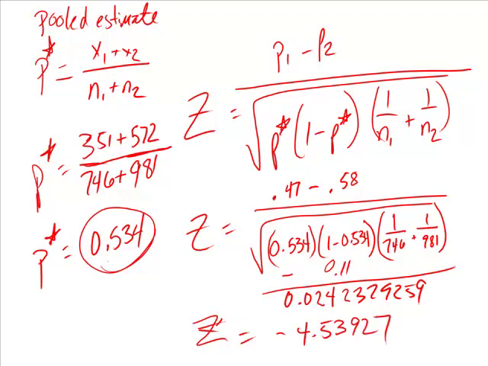So I got a z-score of 4.5. What does that tell us? If you get a z-score of 4.5, what sort of conclusion can we reach about the null hypothesis? We can reject the null hypothesis, right? What do we traditionally use for a critical value of z when we're doing z-scores?